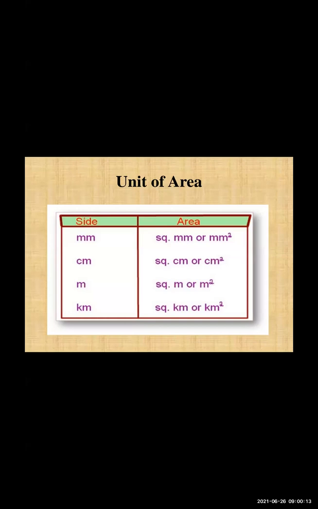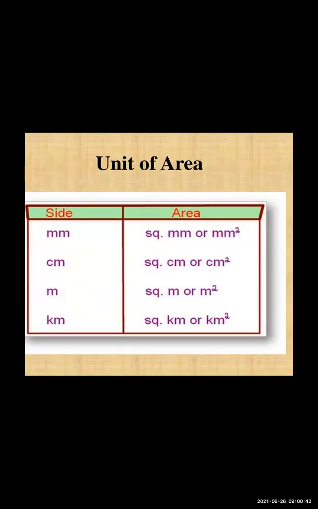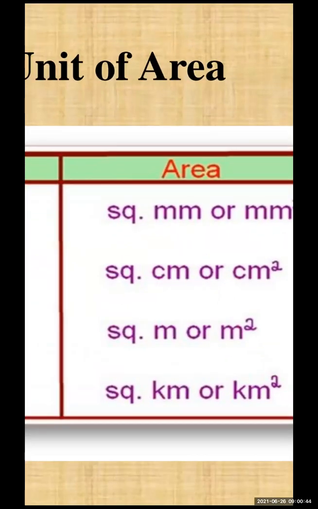If I have considered 100 meters and 50 meters, so meter is the unit which we are using to measure that ground. If we have to find the area, and the length side is 100 meters and the width side is 50 meters, then if the side is in meters, the area will come in square meter.